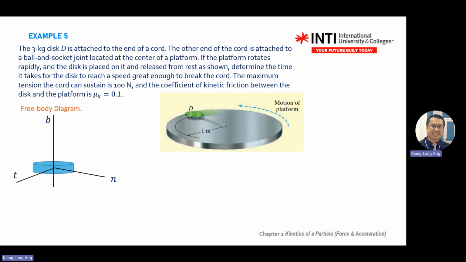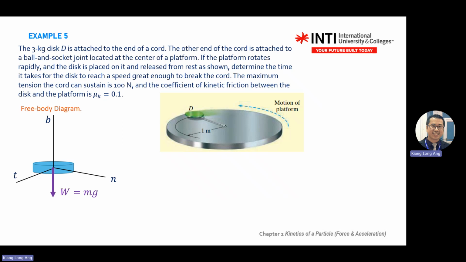Okay. So basically you have 3 axes. Z axis, or labeled as B. Then as it rotates, you have normal and tangent direction. Okay. Normal means pointing to the center. T means tangent to the curve. Right. So there is a weight pointing down, because this is a chapter 2 question.